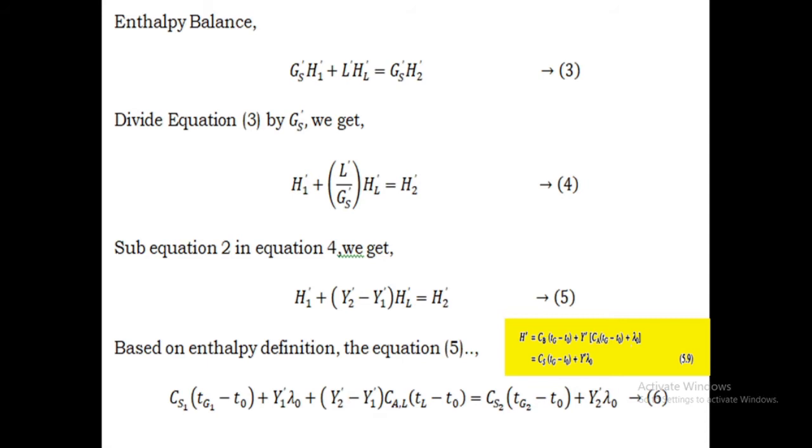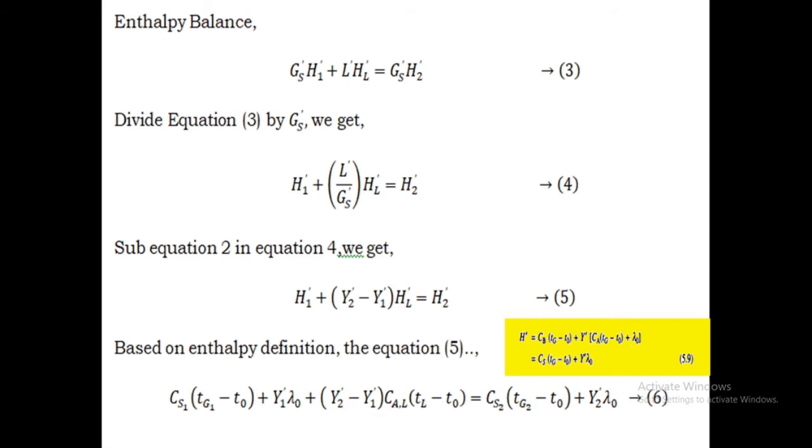Divide equation 3 by Gs'. Finally we get H1' plus L'/Gs' into HL' is equal to H2'. So this is the fourth expression. Substitute equation 2 in equation 4. We get H1' plus. What is the second expression?